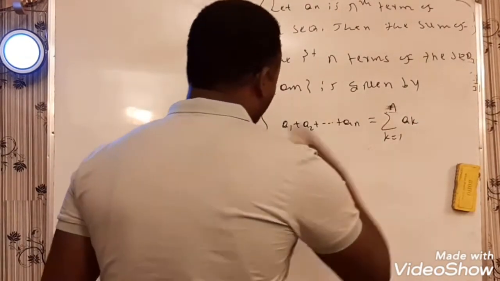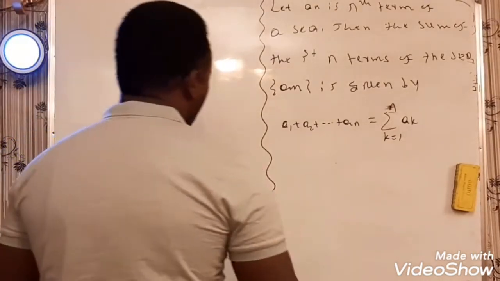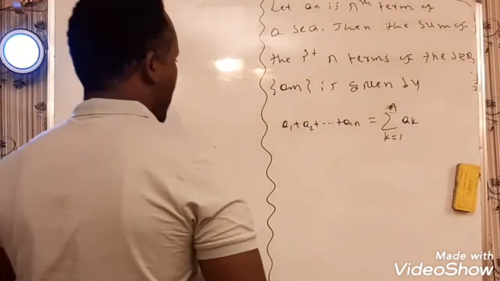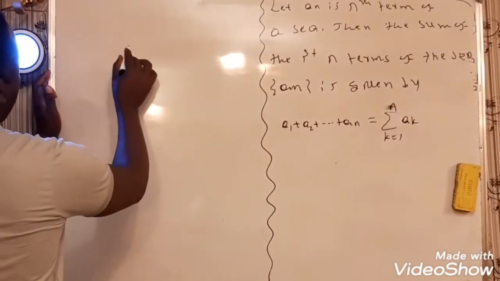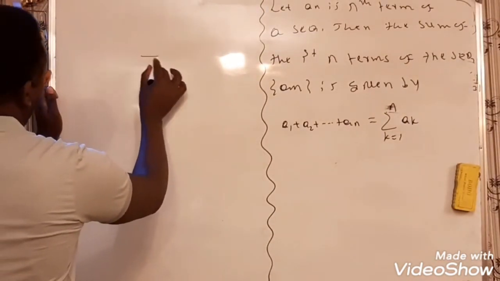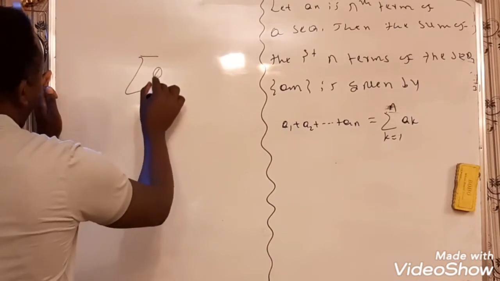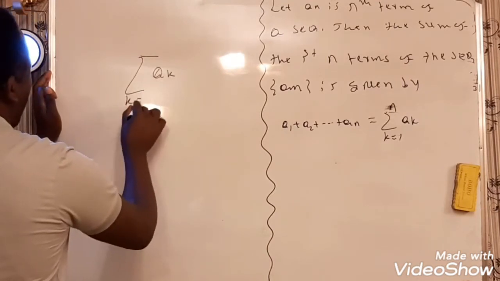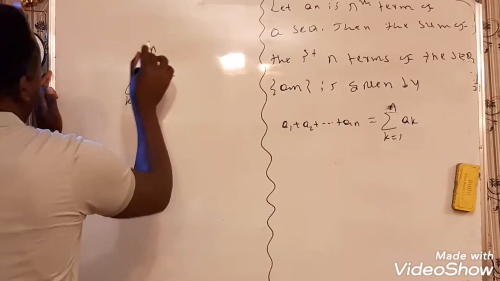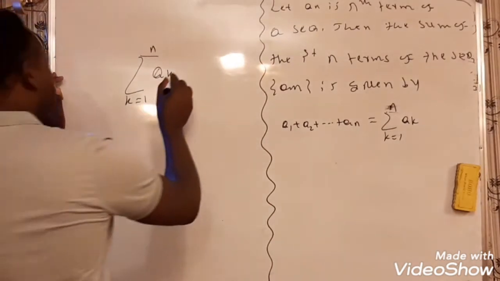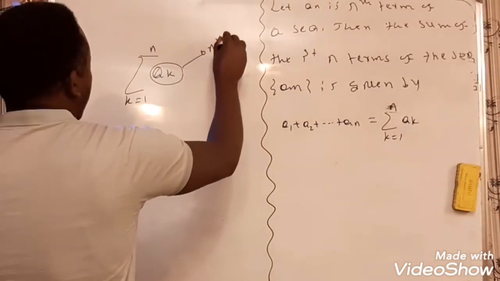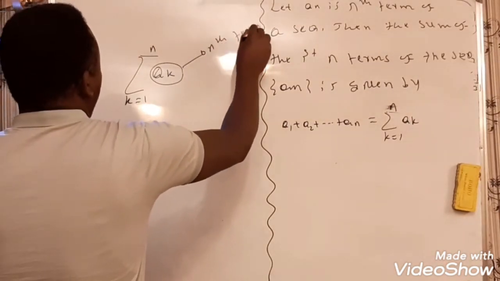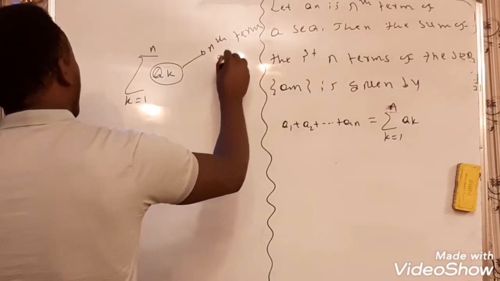Now let me explain generally what this notation means. Let's consider k running from 1 to n. You know that a_k is the general term of the sequence.